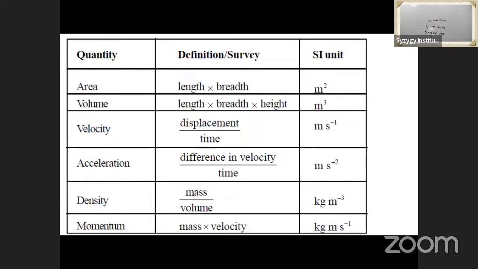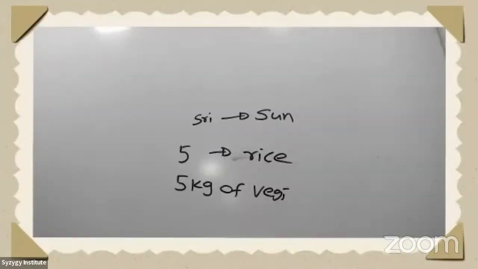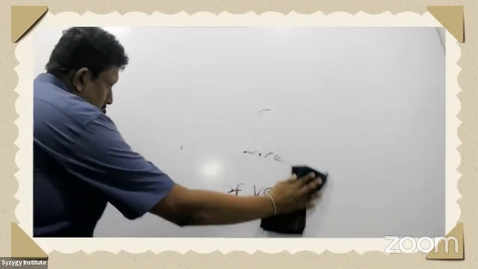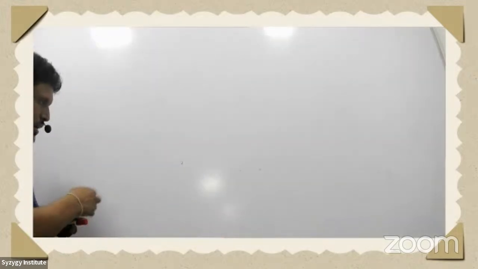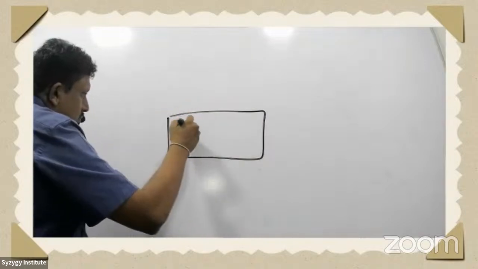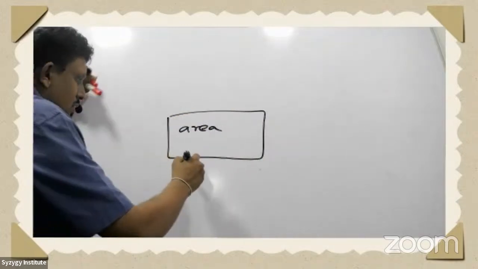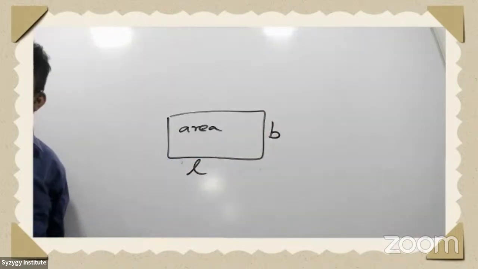Okay. In O levels, we learned area. Area is length into breadth, or whatever.